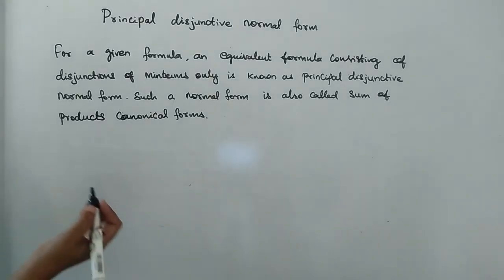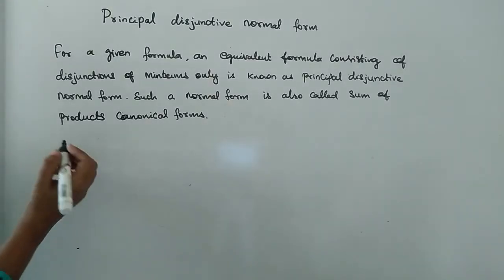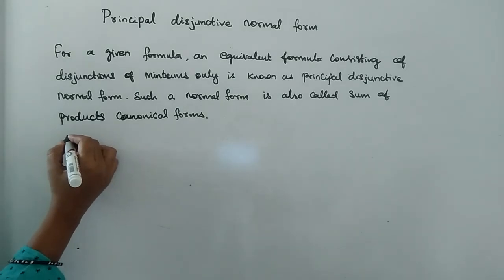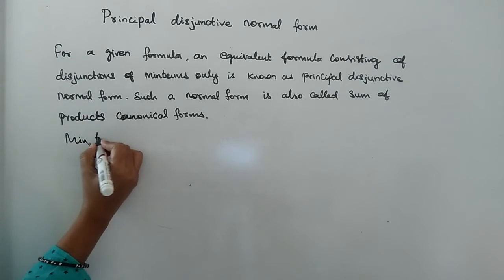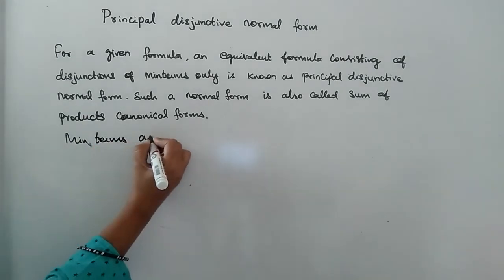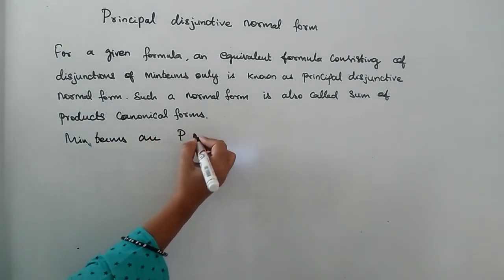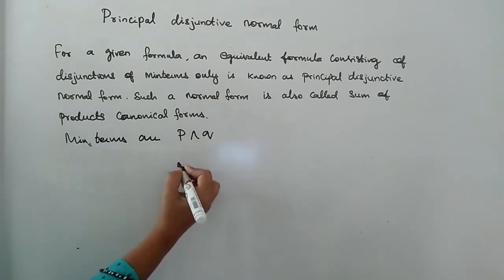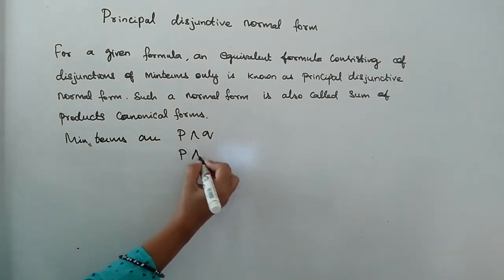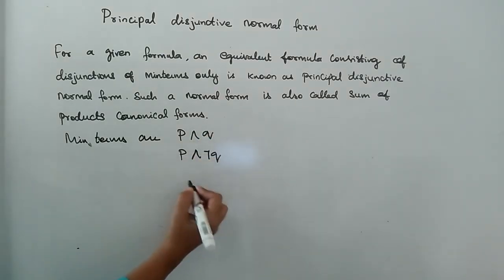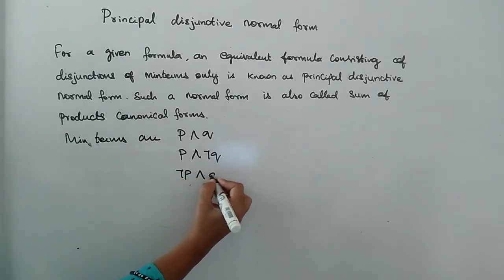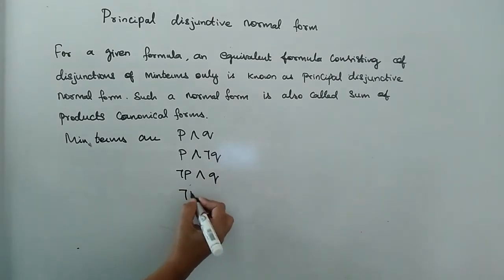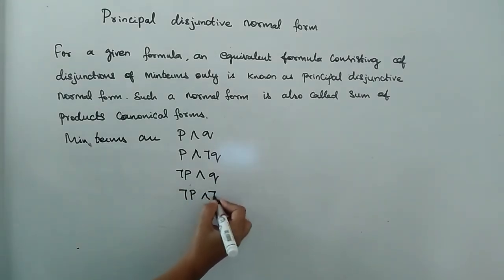If we are considering P and Q as the variables, then the min terms are: we will have P and Q, the next one we can have P and negate Q, the next one we can have negate P and Q, and the next one we can have negate P and negate Q. This you know very well.